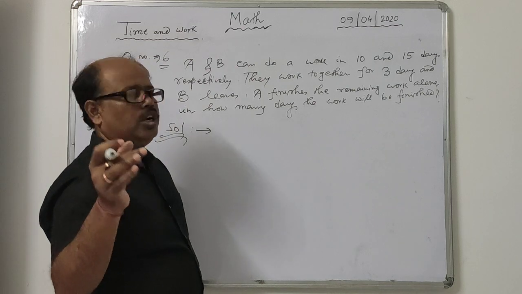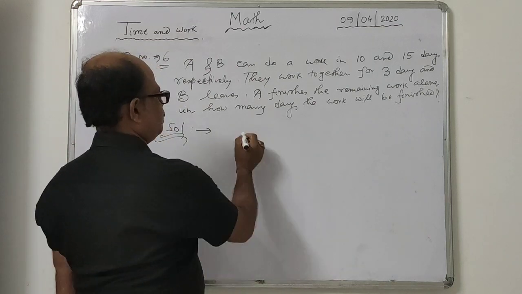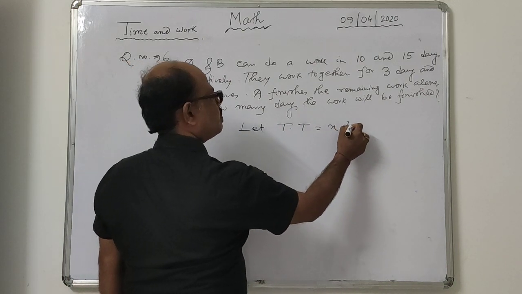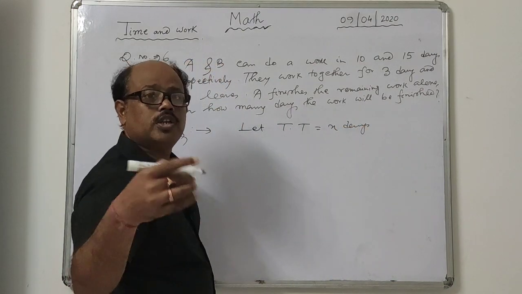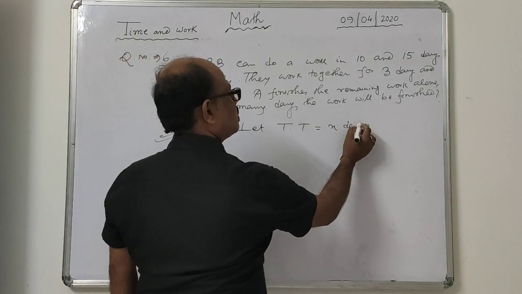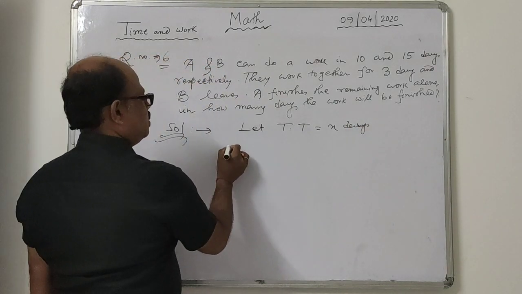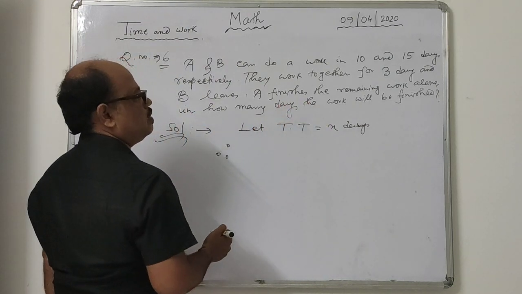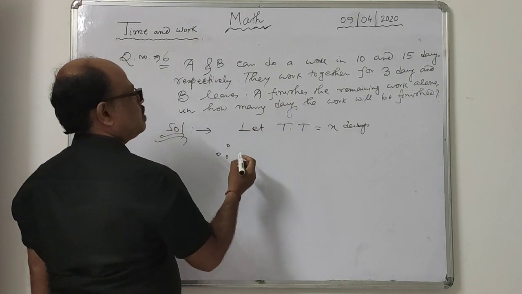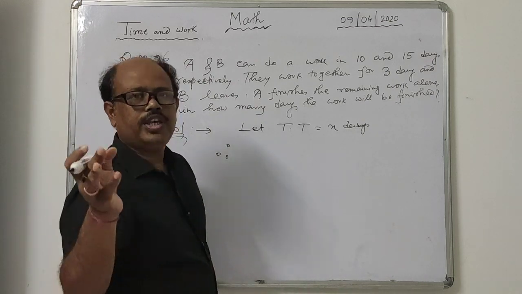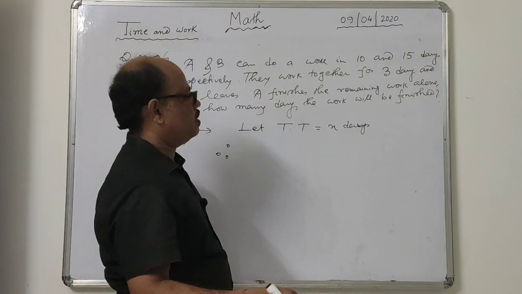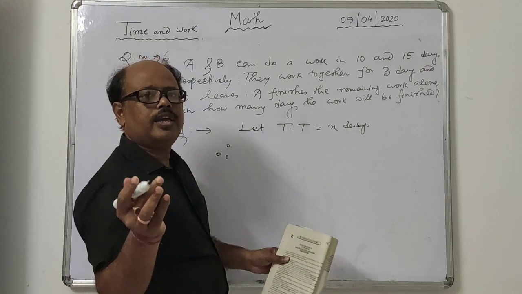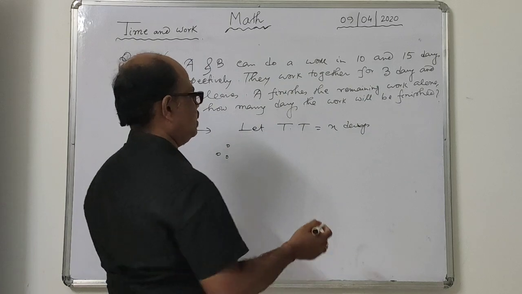Let total time, TT, equal x days, and just 2 lines to solve this type of question. Since B leaves after 3 days, B works only 3 days and the total is x days.